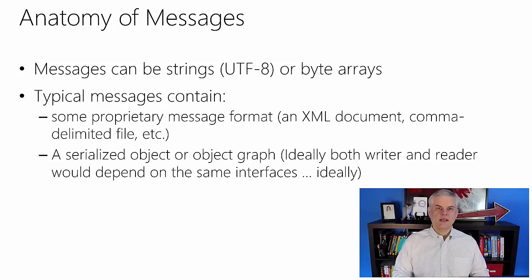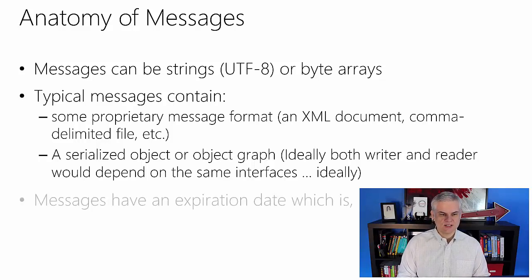Ideally, if you're going to be writing and reading objects or object graphs using JSON or XML or something along those lines, from an architecture perspective, both the writer and the reader would depend on the same C# interface to make sure that they're both expecting the same properties and so on for a given class that represents an object that you're writing out to a queue message.